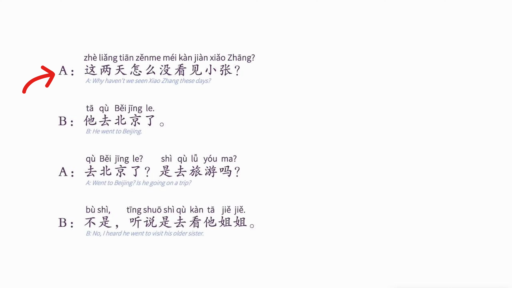这2天怎么没看见小张? These 2 days, why didn't see 小张? These 2 days, actually, it doesn't only mean 2 days. 这2天, same as 这几天, just means these days.